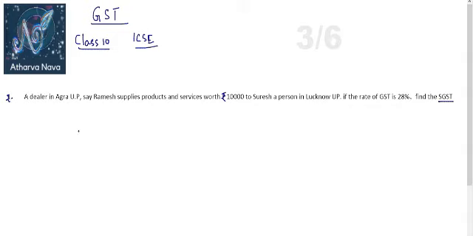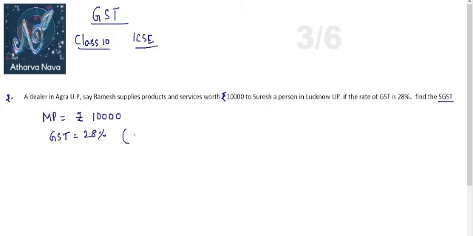Let's dig into the question now. The first thing he is talking about is a product or service worth 10,000 rupees. So MP, marked price or list price, is 10,000 rupees.